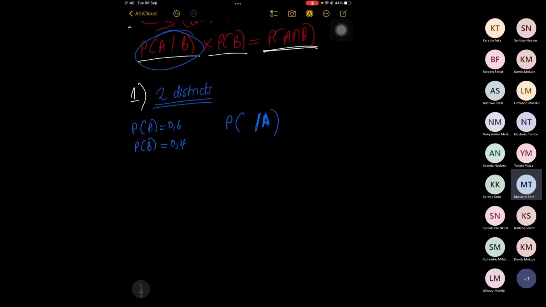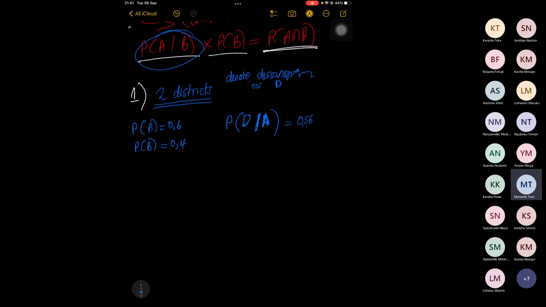Then they said 56% are dissatisfied. Let's denote dissatisfied as D, isn't it? So it's going to be probability of D given A. It's going to be 56%, which is 0.56.